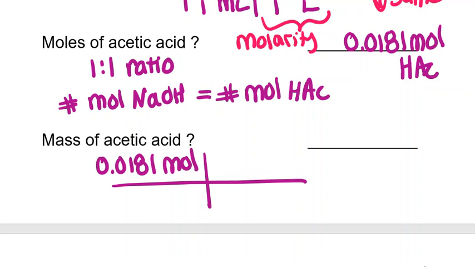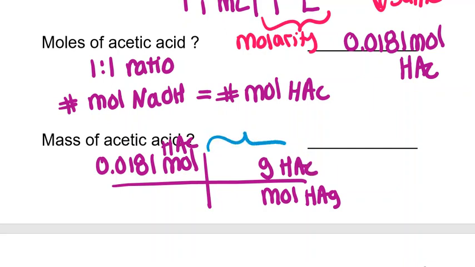So anyway, this is moles of acetic acid, and we go from moles of acetic acid to grams of acetic acid using its molar mass. And I believe the lab manual just gives you 3 sig figs, so we will use just 3 sig figs here. 60.1.